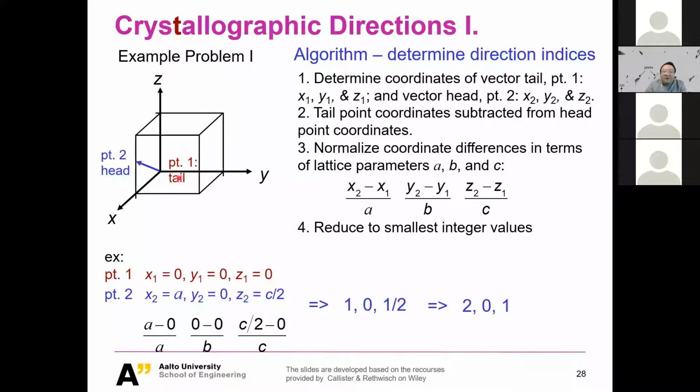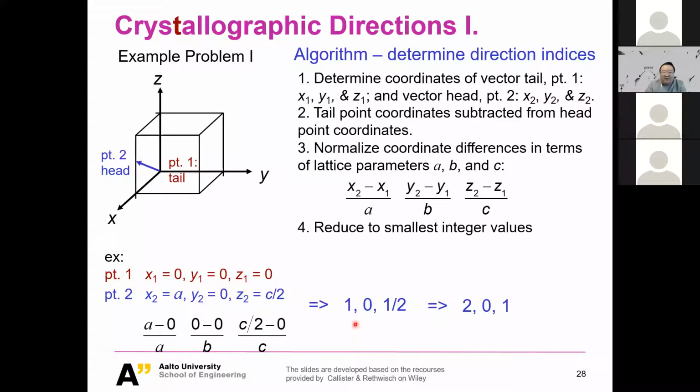And how do we describe this direction? We basically use the head coordinate minus the tail coordinate. The equation is given here. After we get it, we do a normalization again: we divide by A, B, and C again.